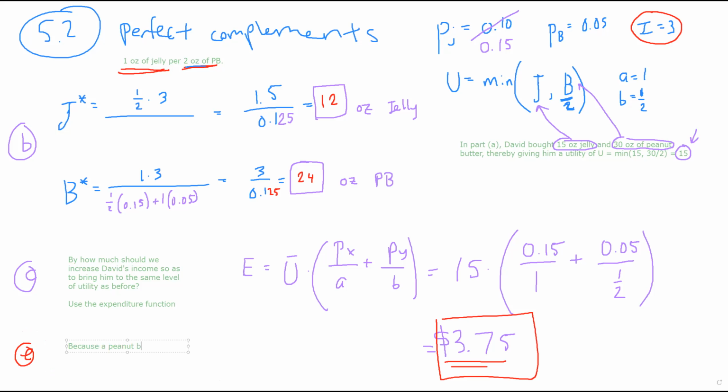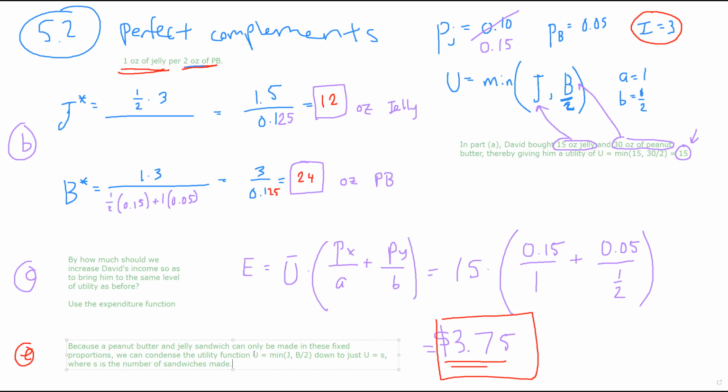Because a peanut butter and jelly sandwich can only be made in these fixed proportions, we can condense the utility function u equals min(j, b/2) down to just u equals s, where s is the number of sandwiches made from the peanut butter and jelly we have.